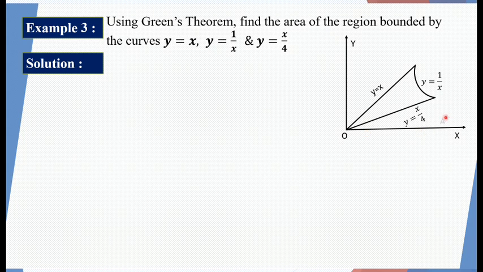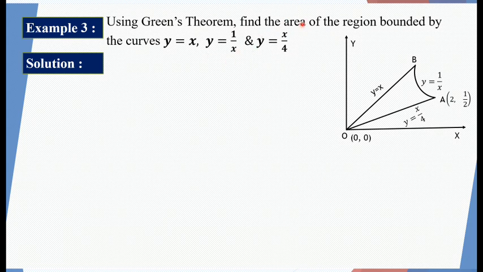So now let this be A and this be B. So find the coordinates of A, B and O. O is the origin, so the coordinates are 0, 0. To find A, we have to solve y equals 1 upon x and y equals x by 4.